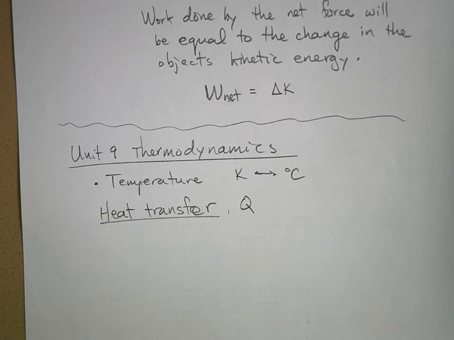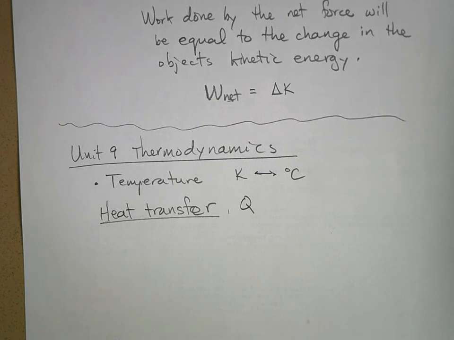So if things are very cold, they're not vibrating very fast. They have a low temperature. They're probably in a solid state. But if you increase those vibrations, you can raise the temperature of the material. You're increasing the thermal energy, so you can increase the temperature.